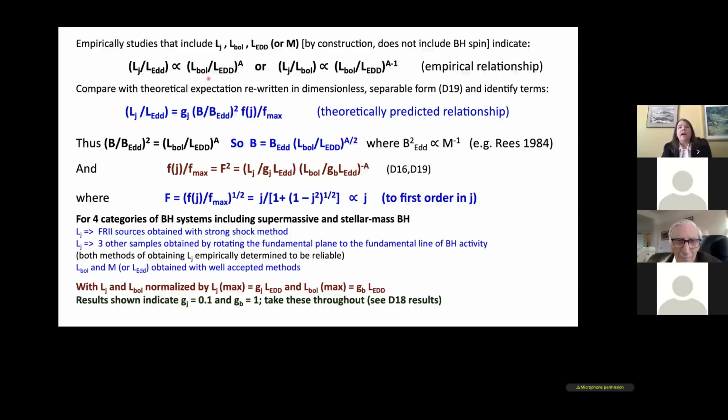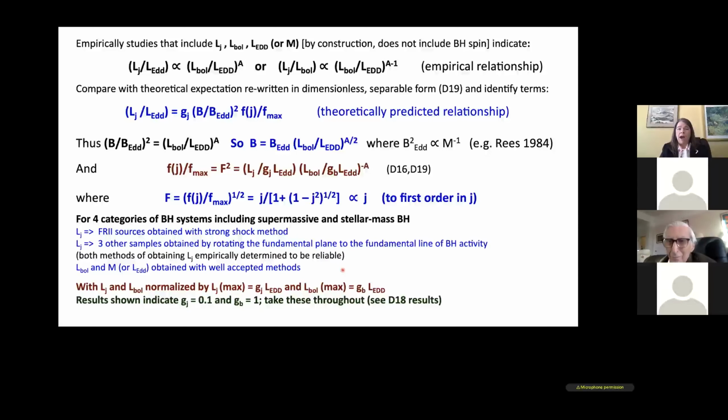So identifying terms, we see that B over B ed squared equals L bull over L ed squared, L ed to the power A, where I've taken the normalization factor for the bolometric luminosity of the disk to be 1, as indicated empirically for the sources under study here. And when I do need to take a value for G sub j, which is normalized also in terms of the Eddington luminosity, a value of 0.1 is adopted here.